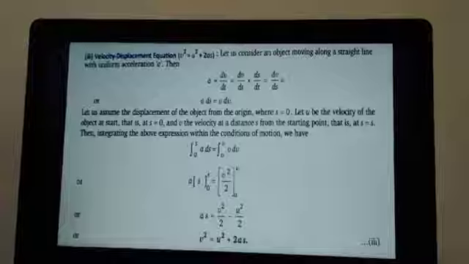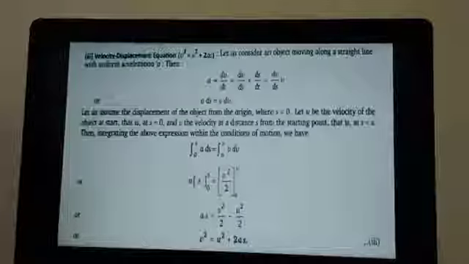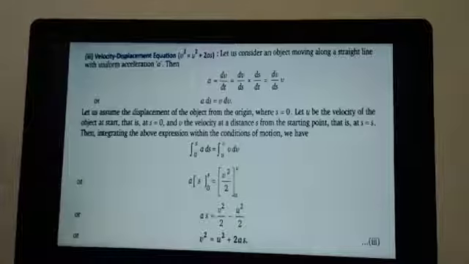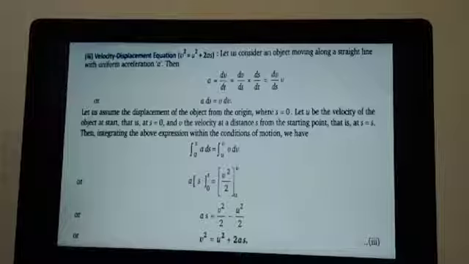Very simple, no? Then integrate on both sides. Integral a ds with limit 0 to s equals integral v dv with limit u to v. Again, a is a constant and can be taken out. So a into integral ds becomes s with limit 0 to s, equal to integral v dv, which becomes v square by 2 with limit u to v.